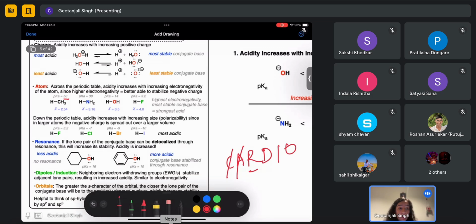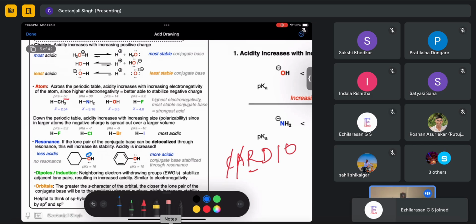You see the example here. One is phenol and one is not aromatic. There is no delocalization for the oxygen. Let me use a different color. The lone pair of oxygen here has nowhere to move. It is present on oxygen and it stays there.